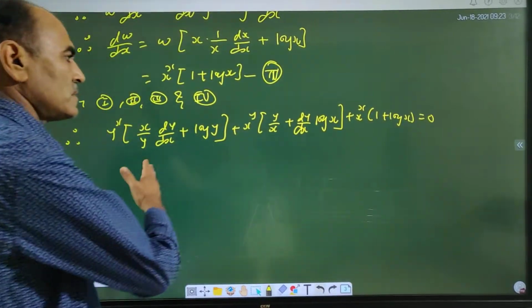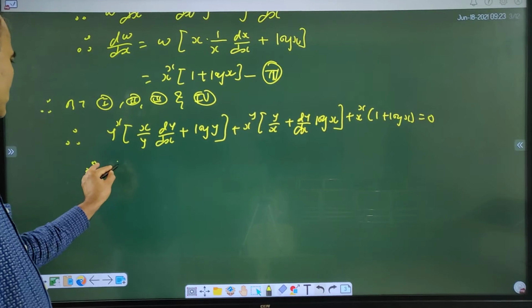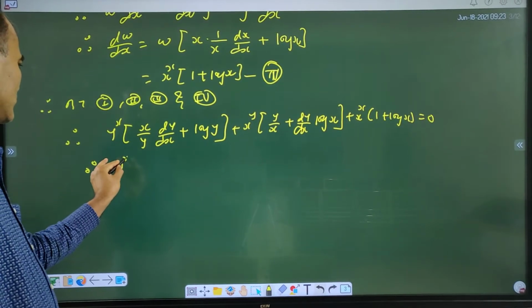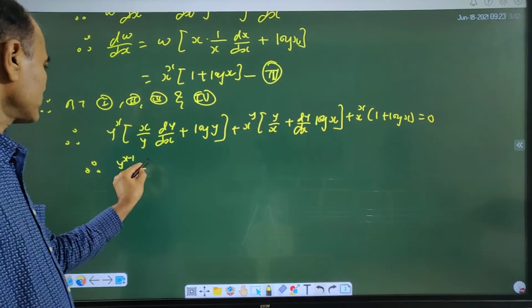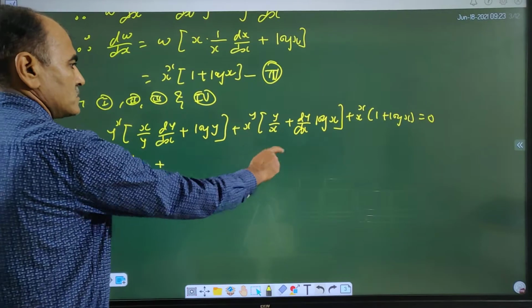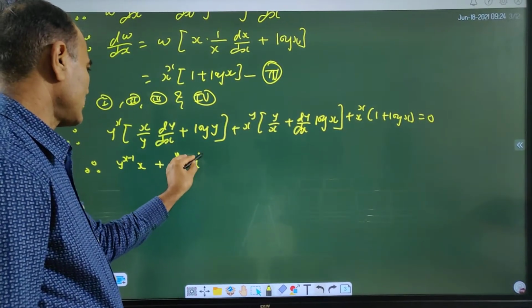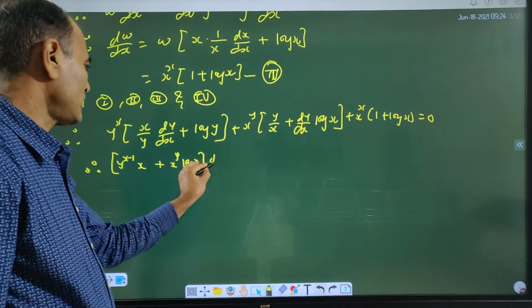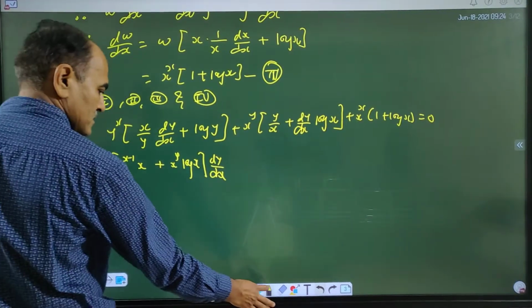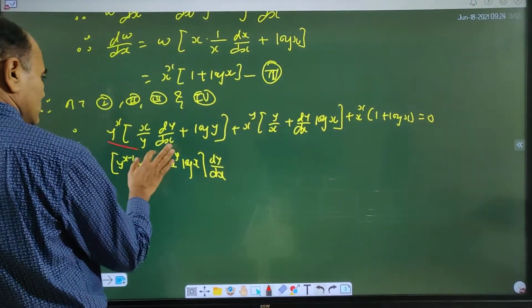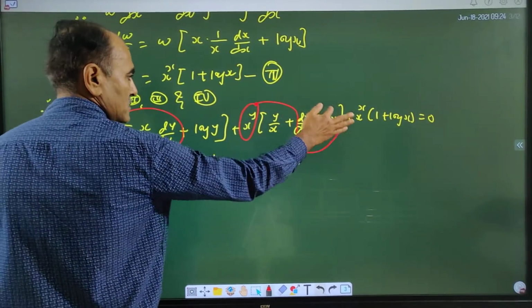Now collect the terms consisting of dy by dx. So we generate here y raised to x over y, that is y raised to x minus 1 into x, into dy by dx, plus x to the power y into log x into dy by dx. See that, this term consisting dy by dx, together with this term dy by dx.